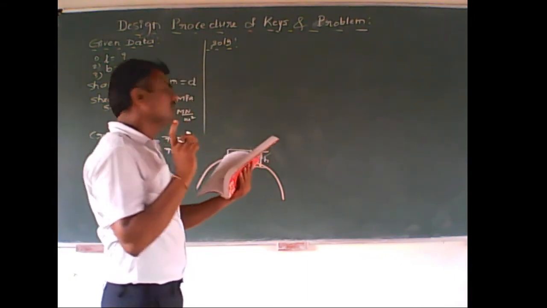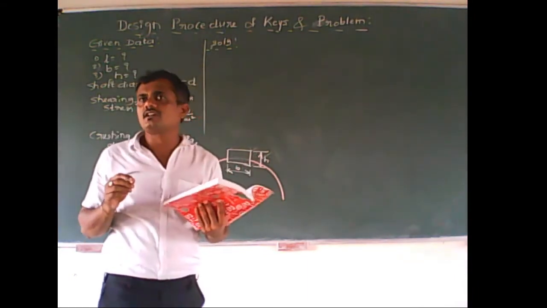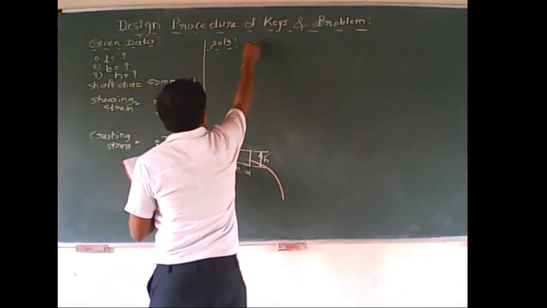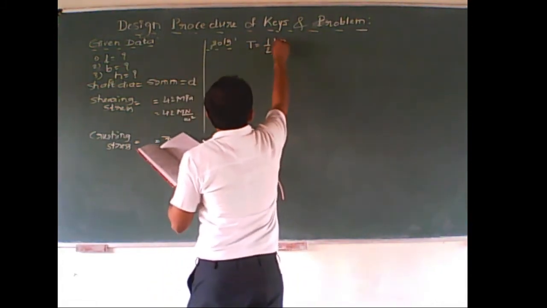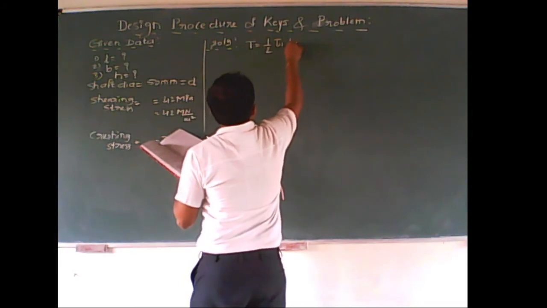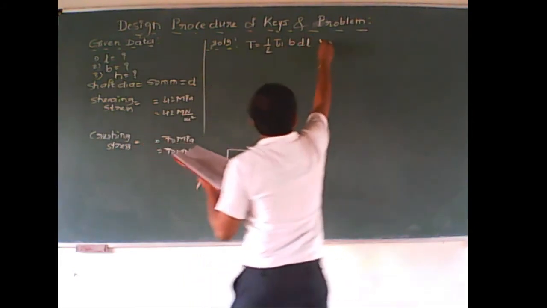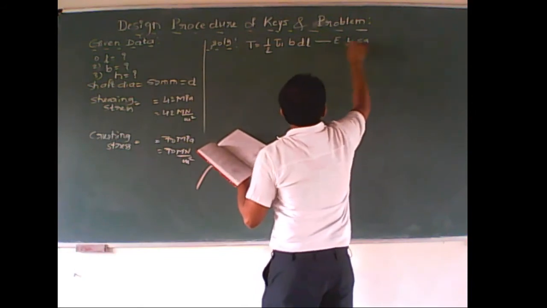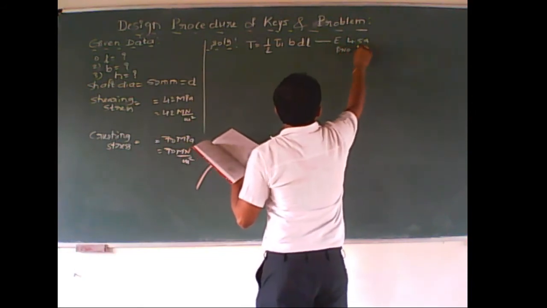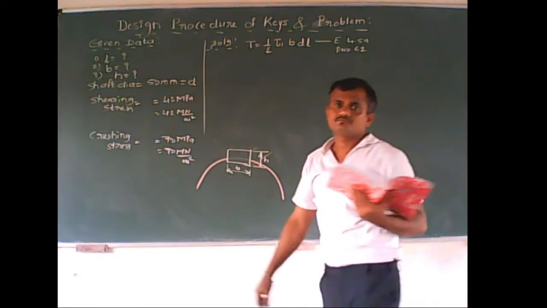First I said the key is under shear. So what equation can I use? T is equals to half into tau into B D L. This equation number is 4.5a, page number 62. Is that right?